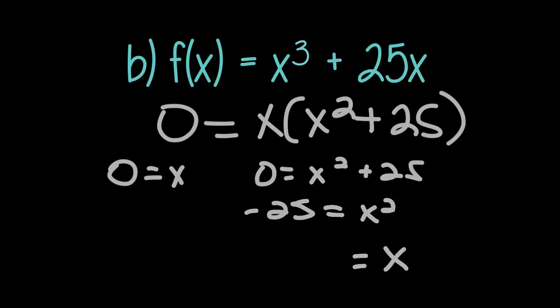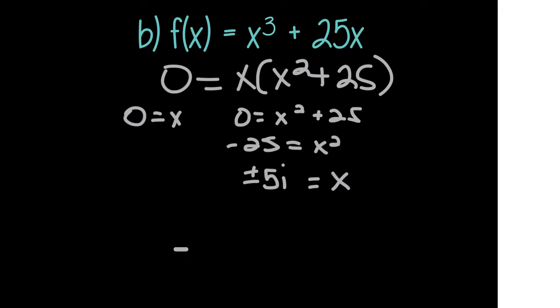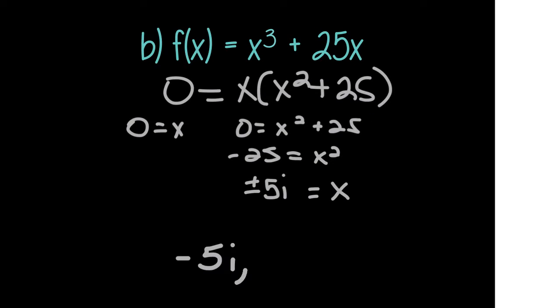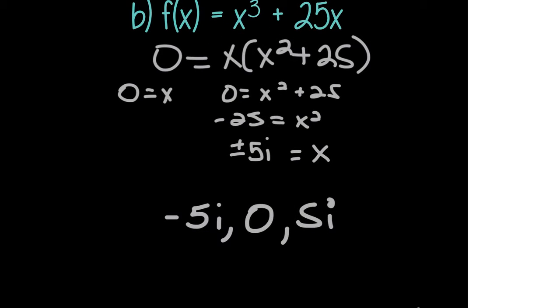X would equal plus and minus the square root of negative 25, which is plus and minus 5i. So my roots are negative 5i, 0, 5i. You can give them to me as plus and minus 5i. I don't care. That's fine. Just make sure that you know that that's 2. So when you count them, 1, 2, 3, 3 roots matches your highest exponent. Raise your hand if you got it right. Good. Questions so far?